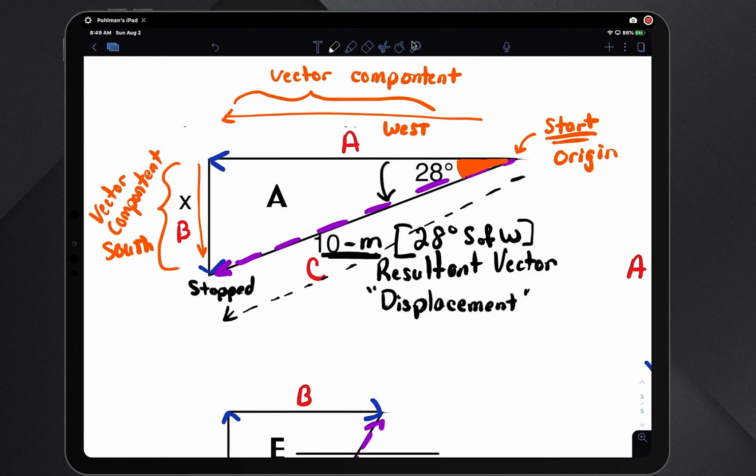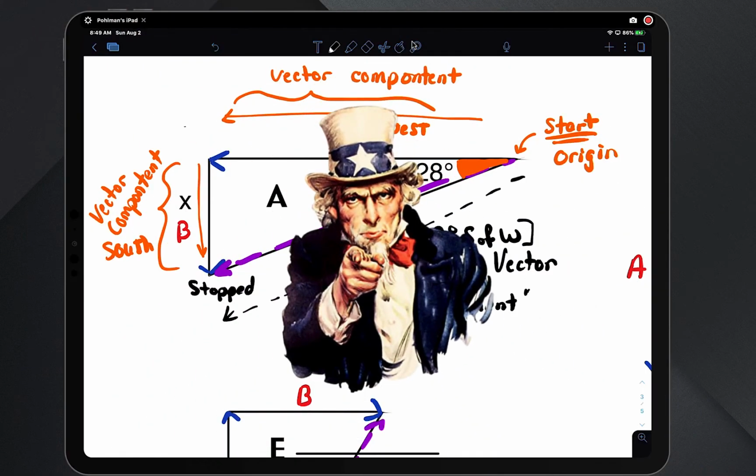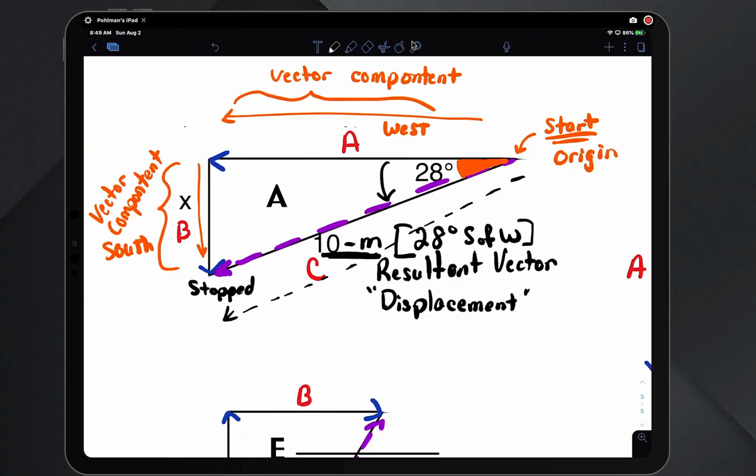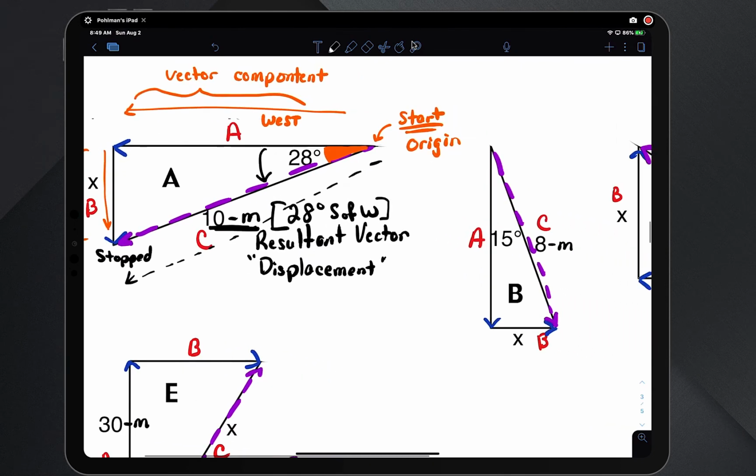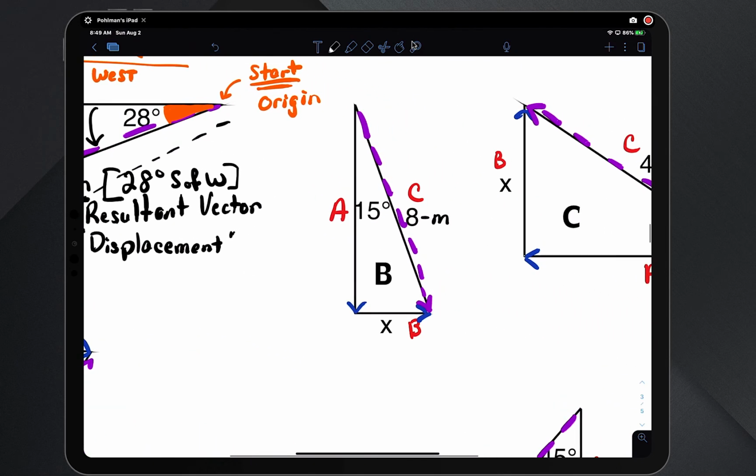So what I want you to do is go through and label up these vector components. If we use B here, we have our point of origin right up here. And if we're going to label these vector components, if this is my angle, this is that 15 degrees up here.